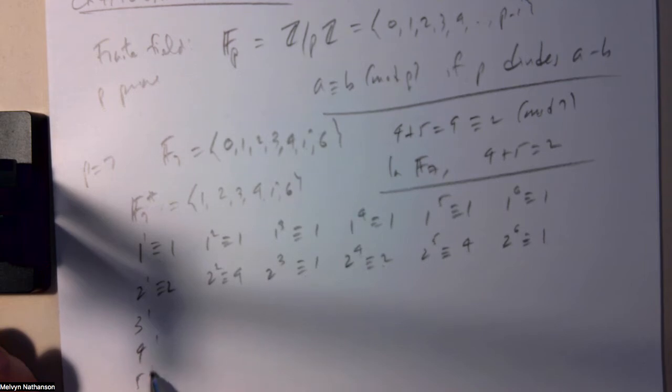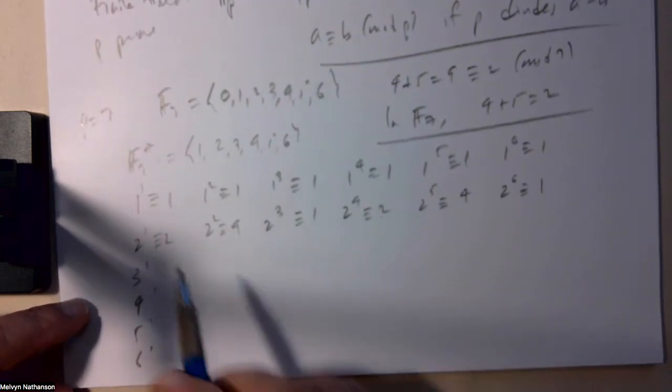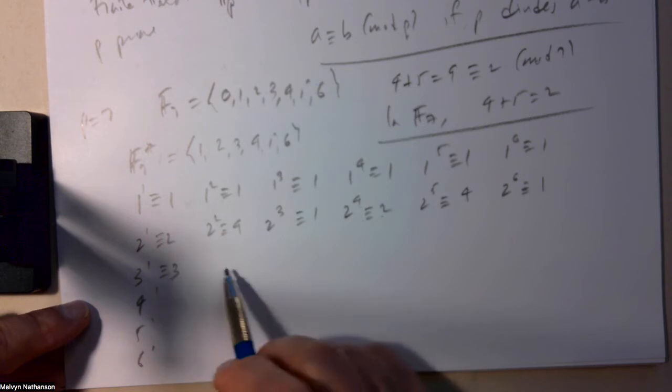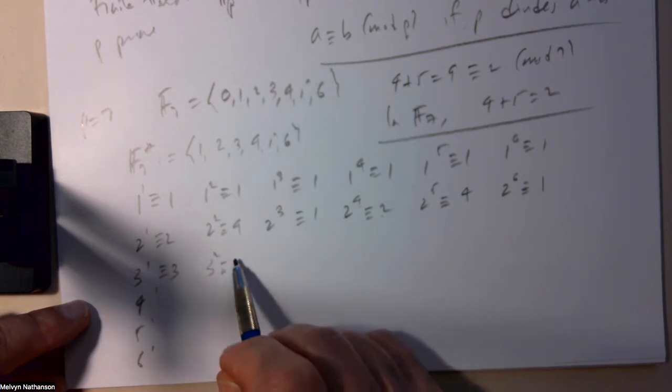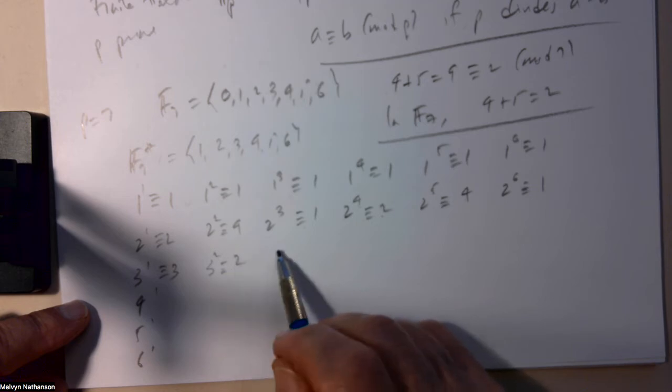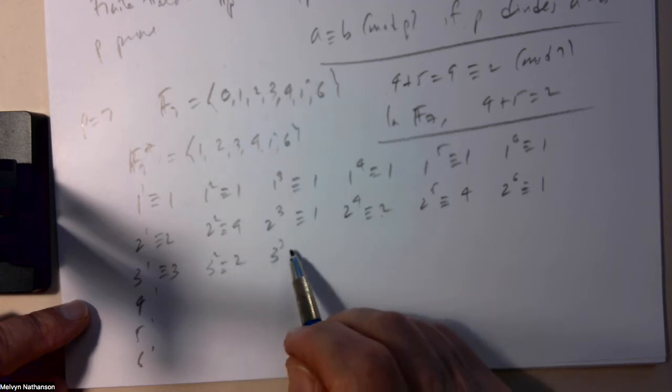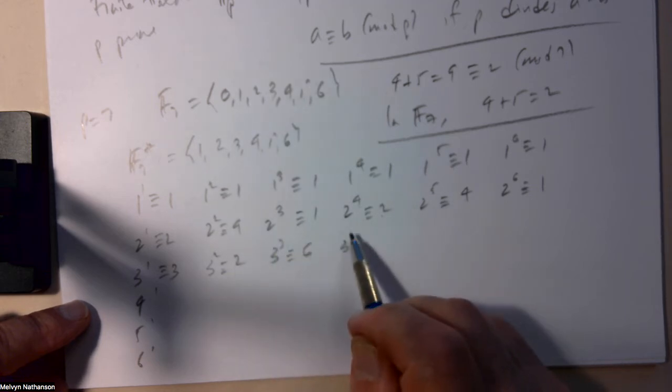And I can make this table for all of the non-zero numbers mod 7. 3 to the first power is 3. 3 squared is 9, which mod 7 is 2. Multiply 2 by 3, you get 6.